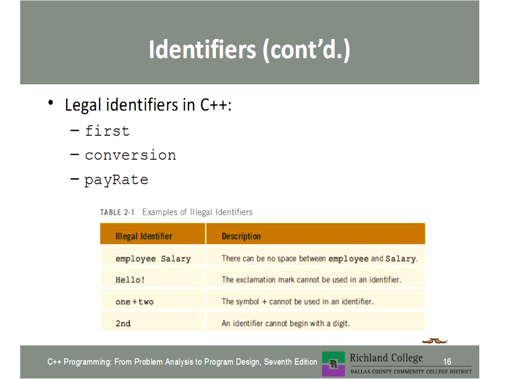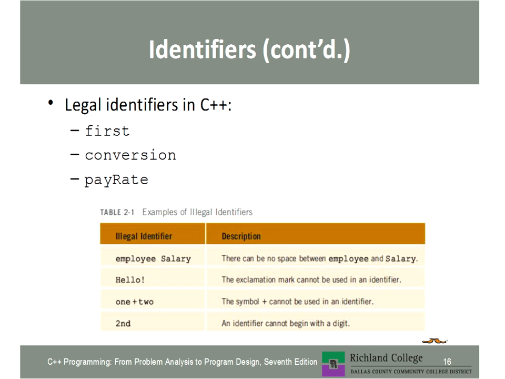So go through this. And why is this? The first one is illegal because we're using a space. Space is not a legal character, right? Exclamation point is not a legal character. Plus sign is not a legal character. The rule says we cannot start the identifier with a number. So that's why it's bad. Okay?